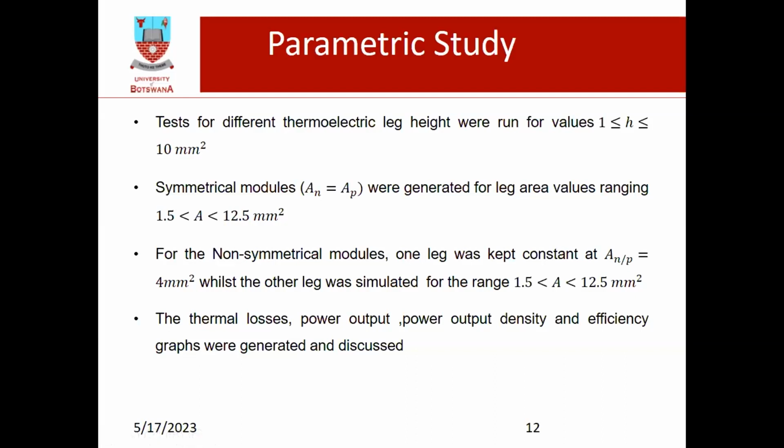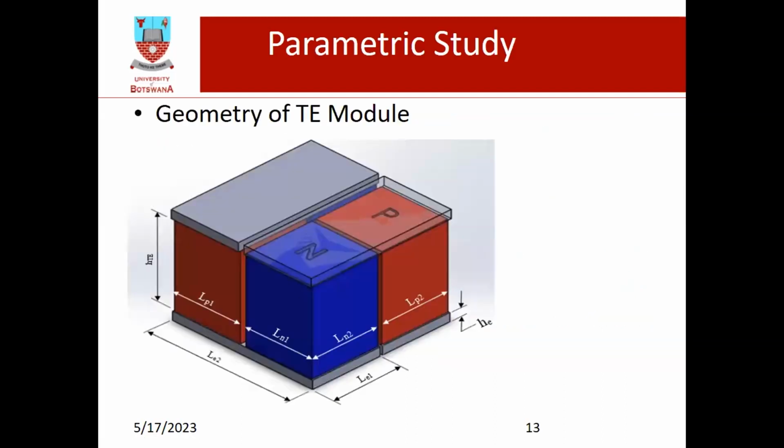For the symmetrical module, we did 3 simulations for the area, and for the non-symmetrical module, we varied one leg's area and kept the other one constant. Thermal losses, power output, and efficiency graphs were generated and discussed.